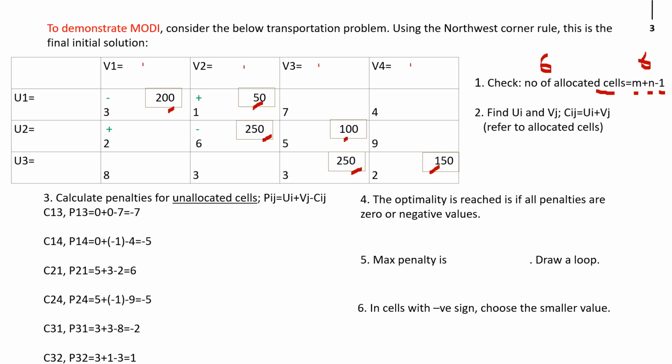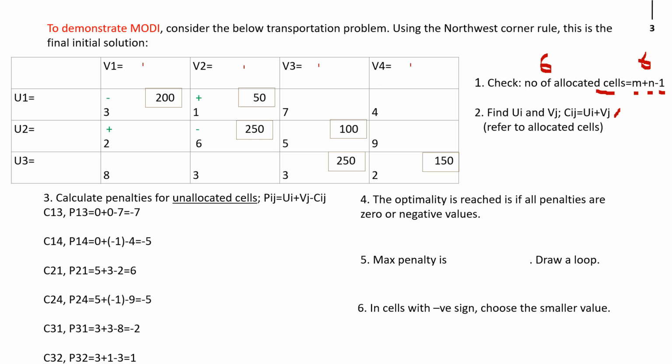The second step is, referring to the allocated cells, we now can find Ui and Vj: U1, U2, U3, V1, V2, V3, and V4, where the cost Cij equals Ui plus Vj.